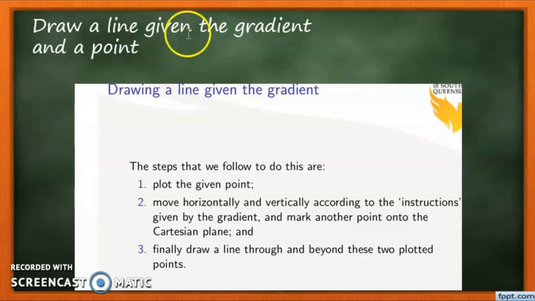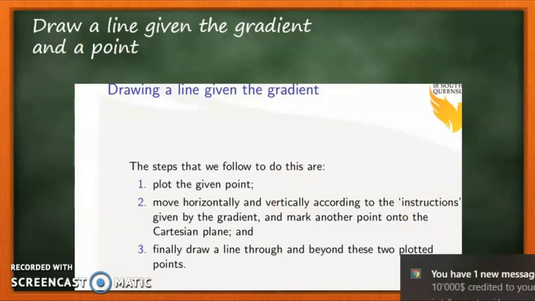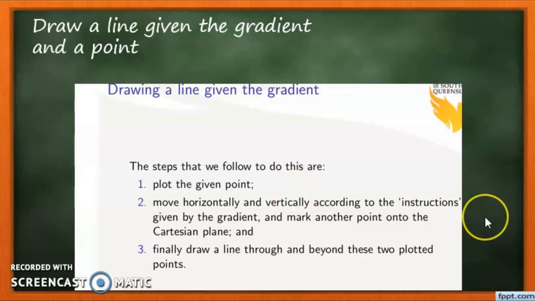Next, draw a line given the gradient and a point. If you remember the last videos, for the first video we were given a line, and for the second video we were given points. Sorry, I made a mistake.